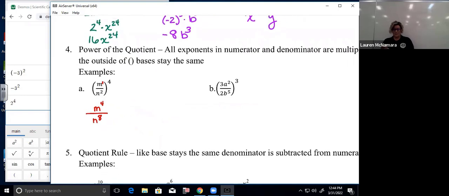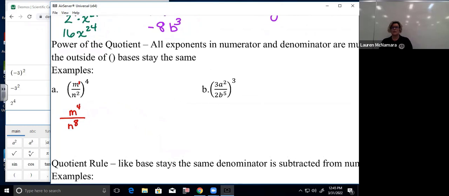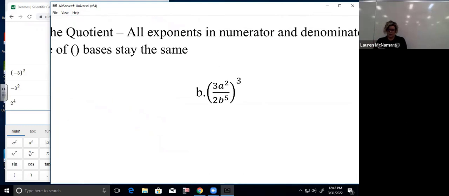Looking at my example B, every exponent on the inside of the parentheses gets multiplied by the exponent on the outside of the parentheses. If you don't see an exponent, write a 1. So 3 to the first, a to the second, 2 to the first, b to the fifth. Now every value has an exponent.